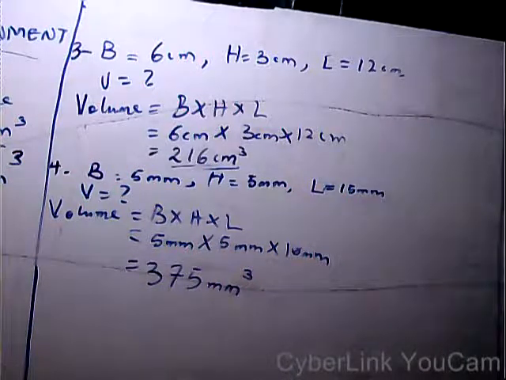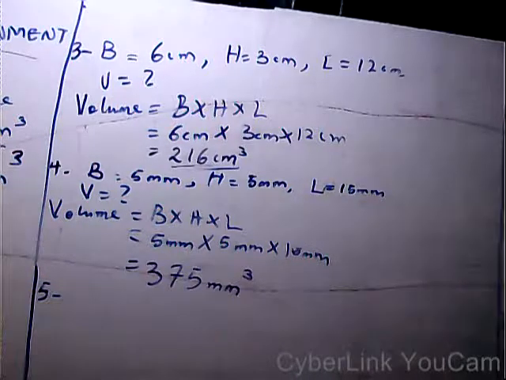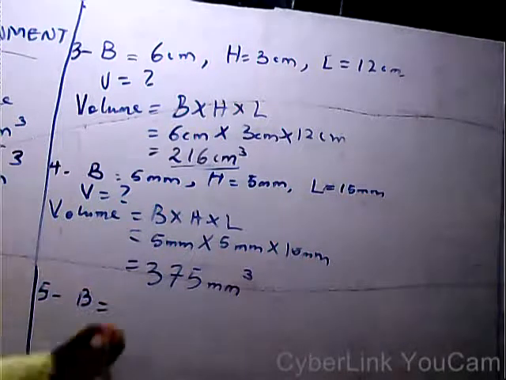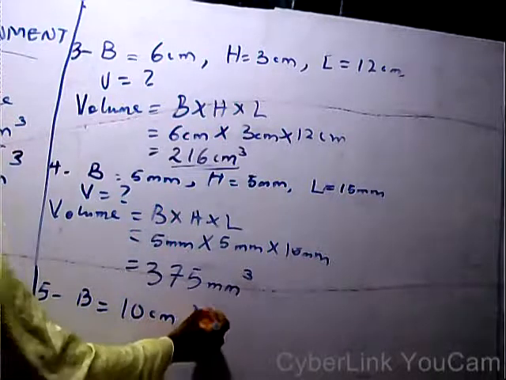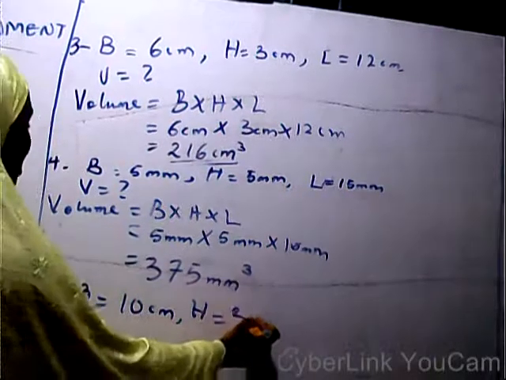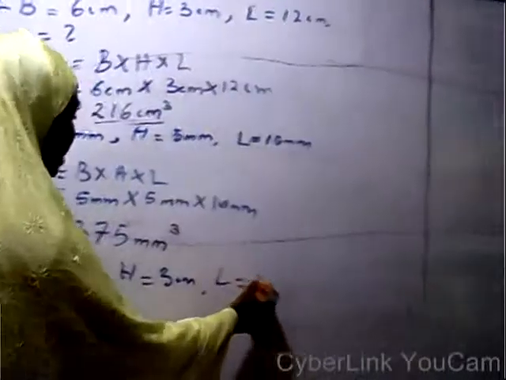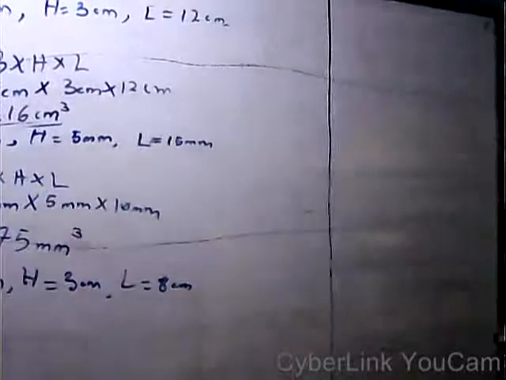Now let's go to the fifth one. The fifth question. We are given base to be 10 centimeter, height to be 3 centimeter, and length to be 8 centimeter. And we are looking for our volume.